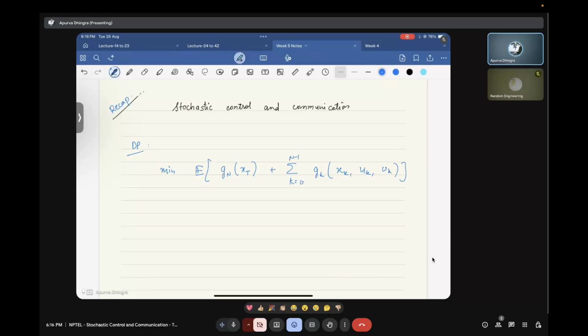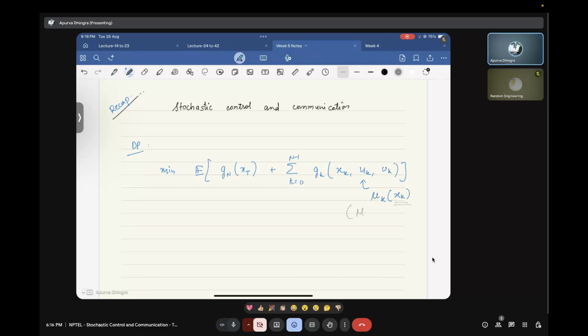Remember, this is what was the goal in control problem. This is the kind of quantity that we are trying to optimize over, typically take a minima over. And here this u, the action, can actually be written as a function that depends on xk or other things depending on what kind of policy we are talking about. We were focused on Markov type policies, so that's why we have only dependence on xk.